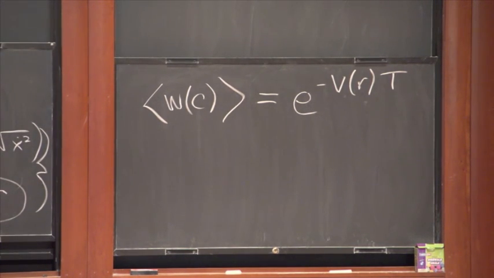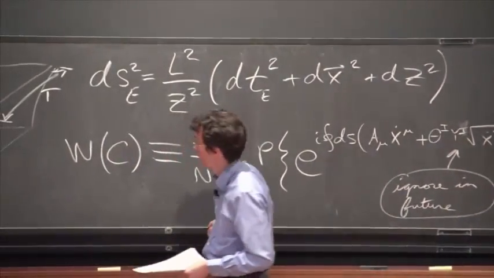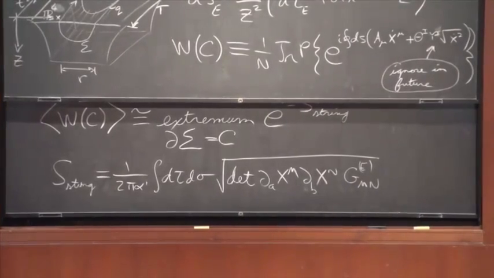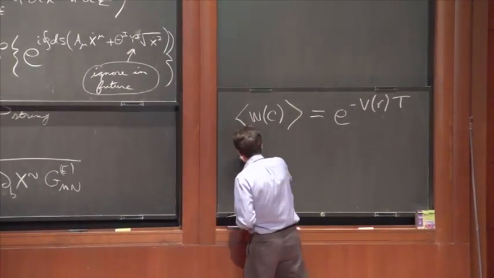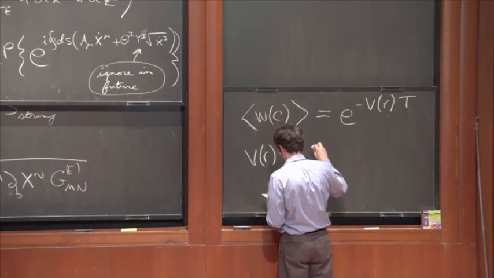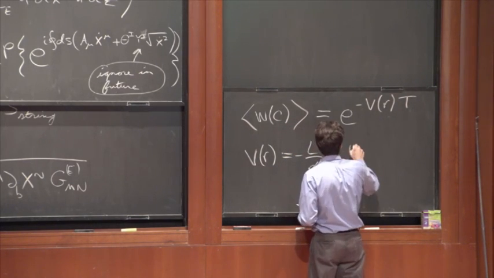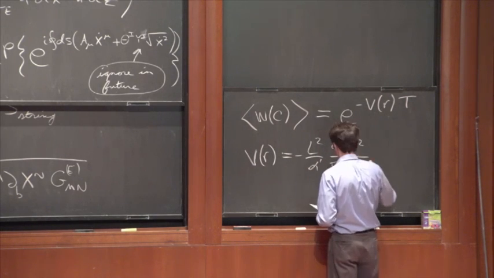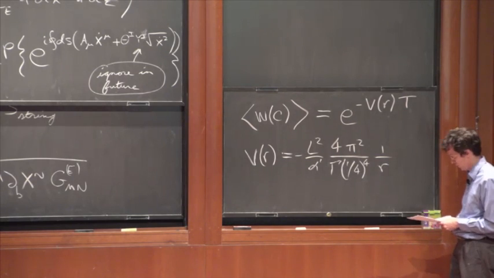So let's say this dimension here extends by an amount capital T. So there's this capital T times a potential energy V of r, where V of r equals minus L squared divided by alpha prime, 4 pi squared divided by some funny gamma function, times 1 over the separation.